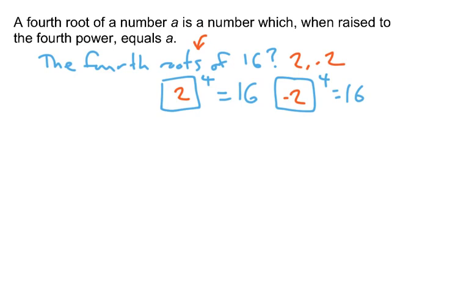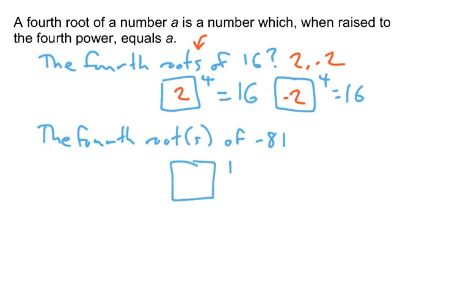Okay, let's do another fourth root and talk about the fourth root, or maybe it's roots, so I'll just put S in parentheses here, of negative 81. In other words, is there a number which when I raise it to the fourth power would give me negative 81? Now, right away, you can see this is going to be a problem. 3 to the fourth power, 3 times 3 times 3 times 3 would give me positive 81.